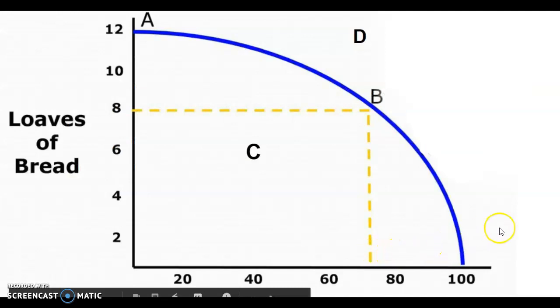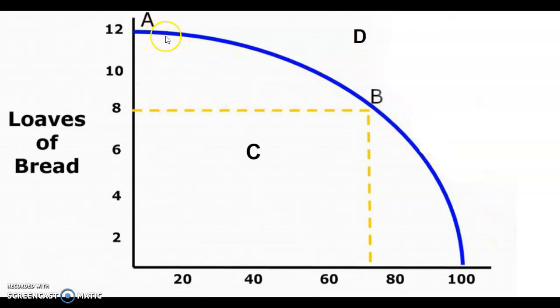So let's see what that looks like now on the PPC. Anything that is falling along this curve, like point A and point B, would be considered efficient, because you are using all of the resources that you have available to create your loaves of bread and your muffins.